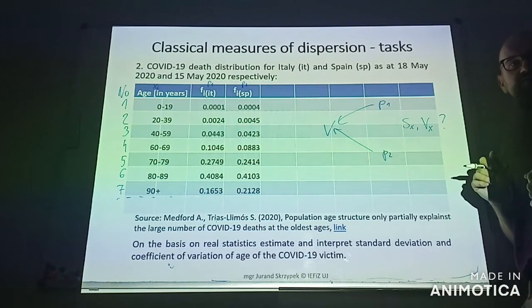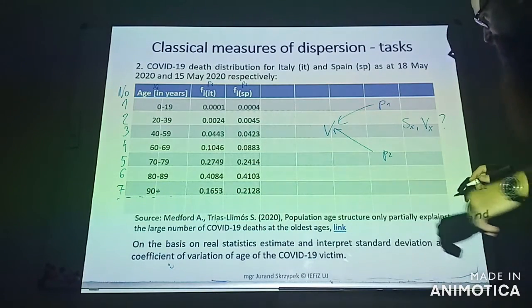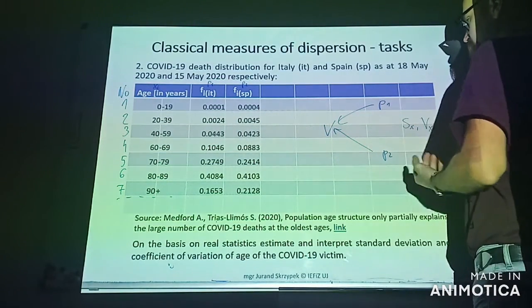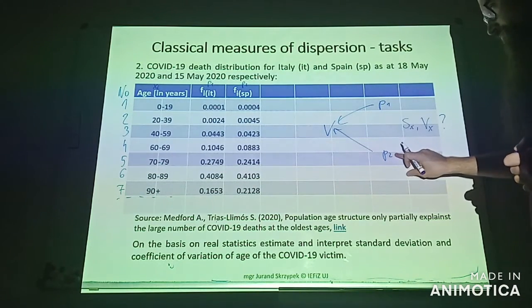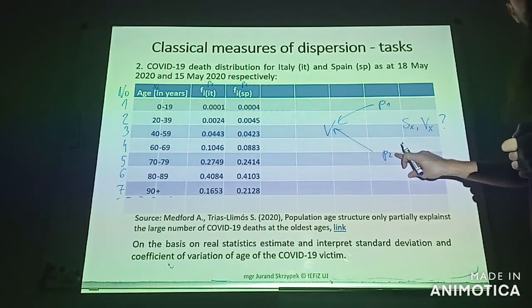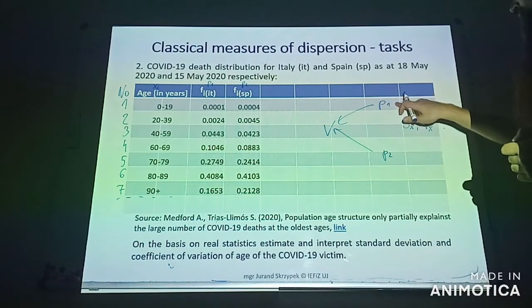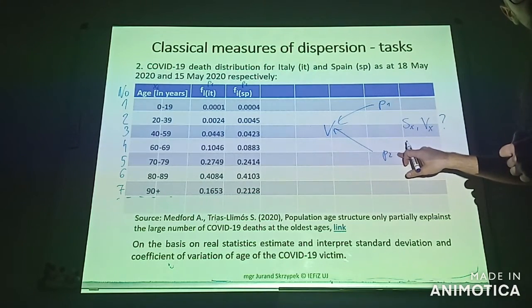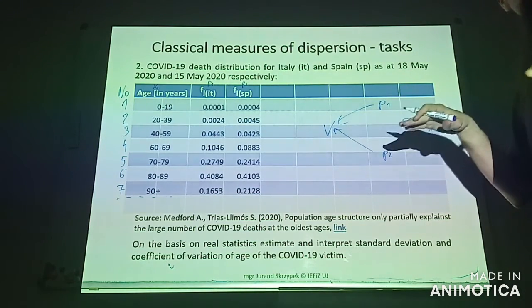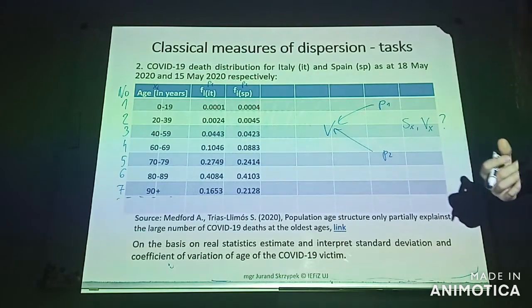In other words, we are trying to determine which population is more differentiated from the point of view of age. Italian COVID-19 victims or Spanish COVID-19 victims. This is our main goal.